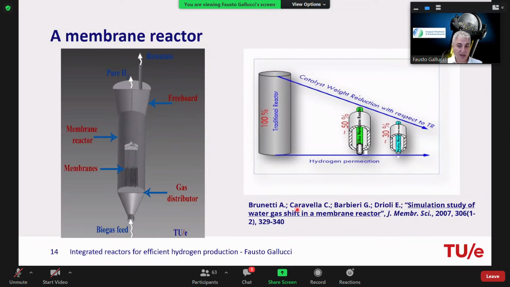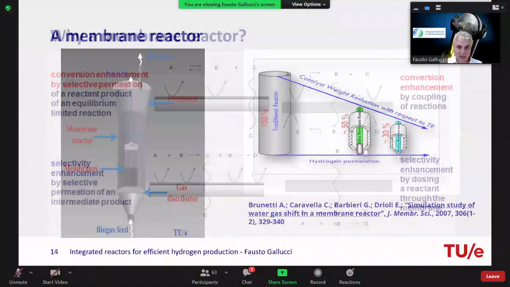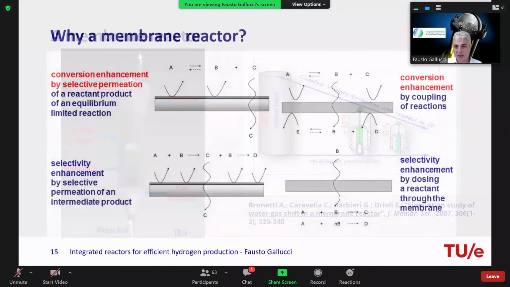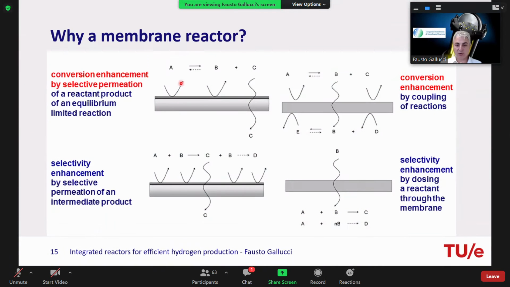If you combine them, they have to work at the same conditions, which means that either the membrane or the catalyst is working in suboptimal conditions. So to use an integrated reactor and to be more effective, you should have a reaction that has some problem. If you don't have any challenge in the reaction system, it doesn't make sense to integrate.